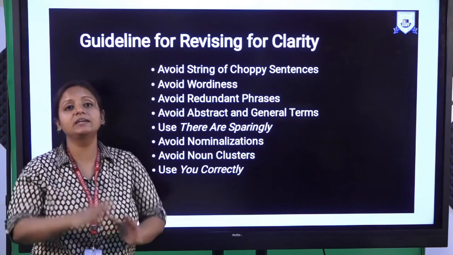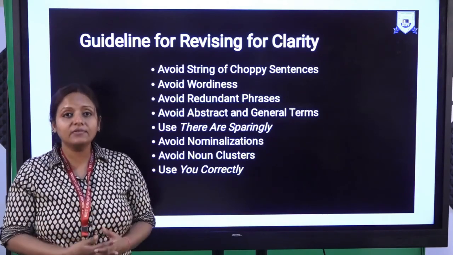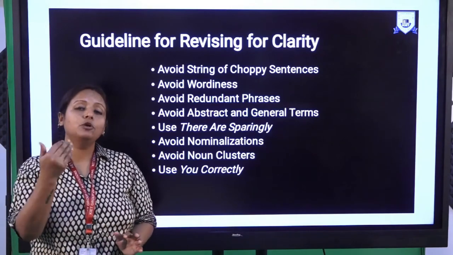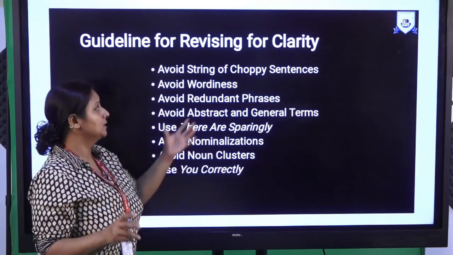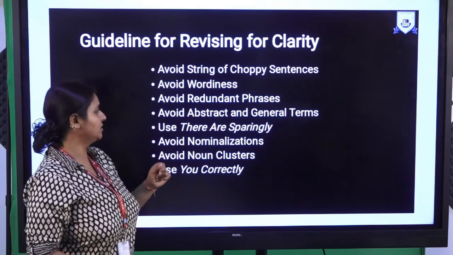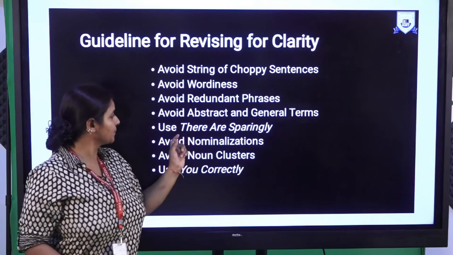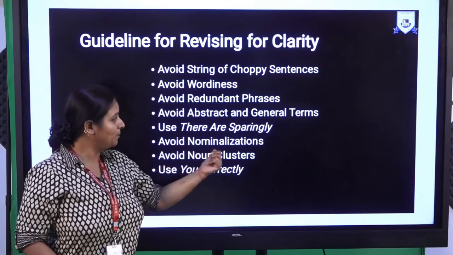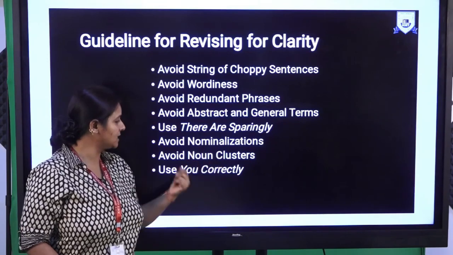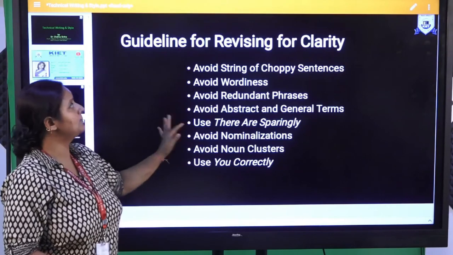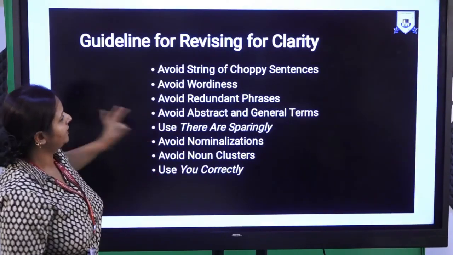Like if I say return back. Now when I am saying return, it means turn back, give back. We do not need to say back. So do not use redundant phrases. Avoid abstract and general terms. Use there are sparingly. Avoid nominalizations. Avoid noun clusters and use the word you correctly. These are some of the guidelines for clarity.